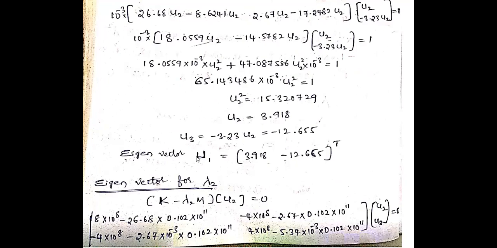In the same approach, we are going to find out the eigenvector at lambda 2. So the eigenvector for lambda 2 is u2, u3. In the same way, k, the 2 by 2 matrix, minus lambda 2 into the mass matrix, 2 by 2. If you do this subtraction of k minus lambda 2 m, you will get a 2 by 2 matrix into u2, u3 equal to 0.